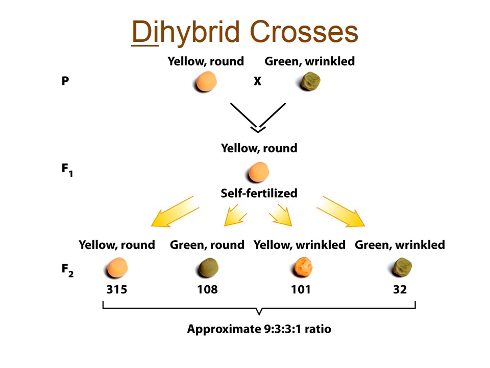We can also place categories on these. Yellow-round is which phenotype, dominant or recessive? Dominant here and dominant here, so we can talk about this as the dominant phenotype. This is the recessive dominant, this is the dominant recessive, and this is the recessive phenotype.